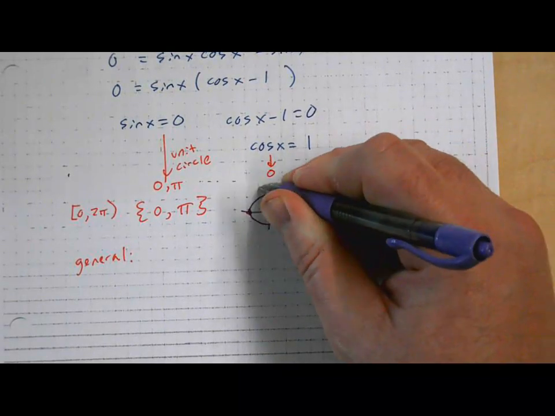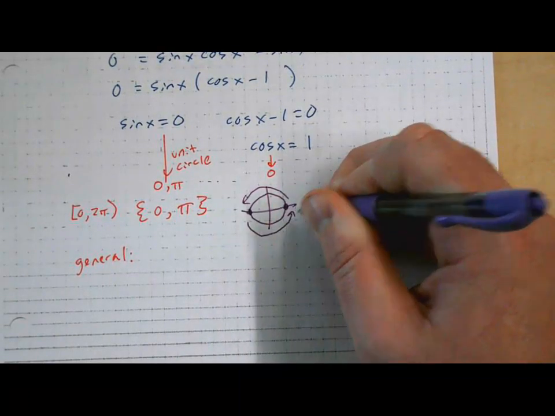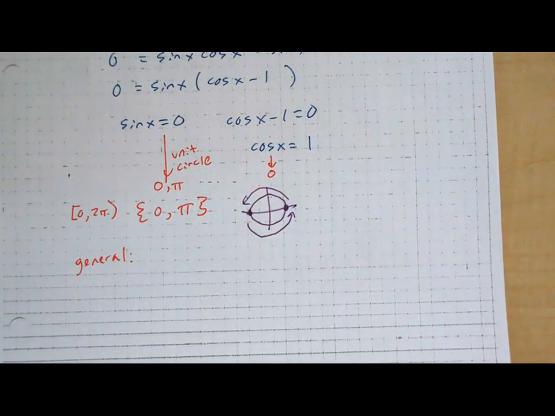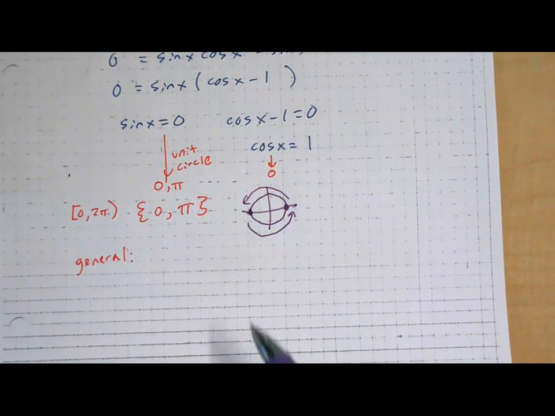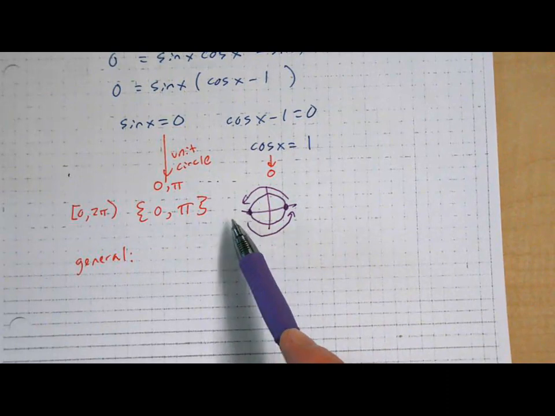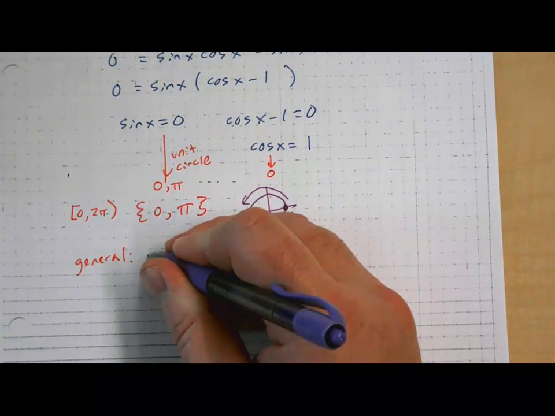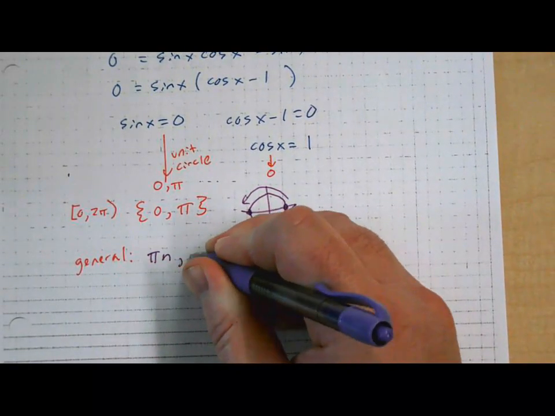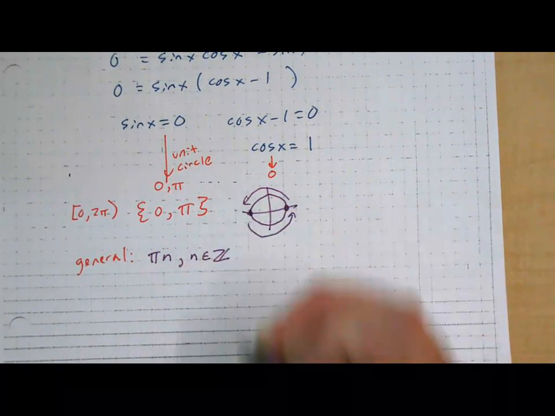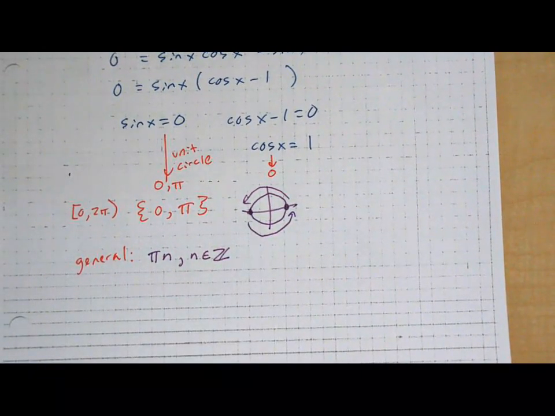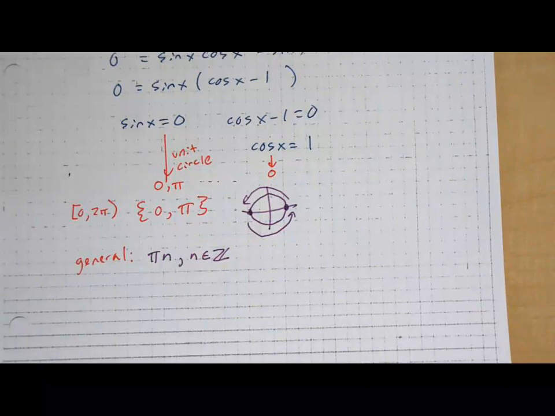Oh, I can hit those in a single rotation. Yeah, and then I'll just keep going, so I could do 0 plus pi n, or I could just do pi n, right? That'd probably be the simplest way to write the general solution.